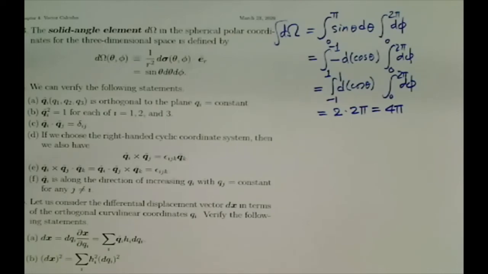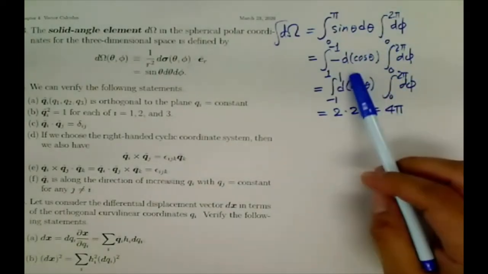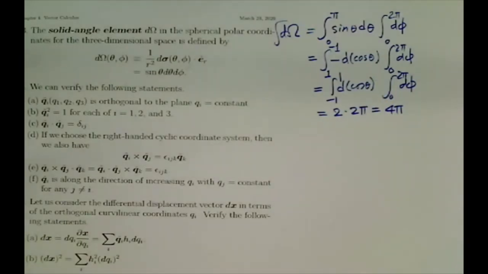As you know, sine theta d theta can be expressed as minus d cosine theta, and cosine theta varies from -1 to 1. The final result for the integrated solid angle element is just 4 pi. The area of a spherical surface is 4 pi r squared. That matches our result.